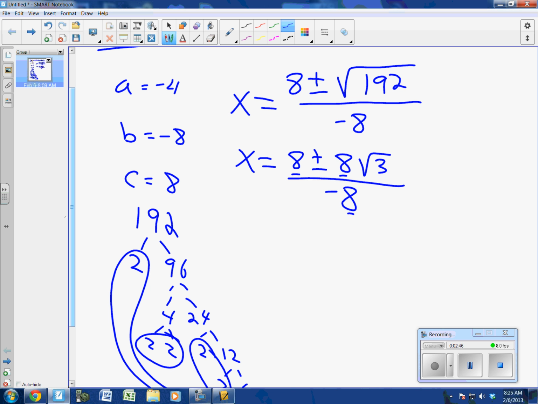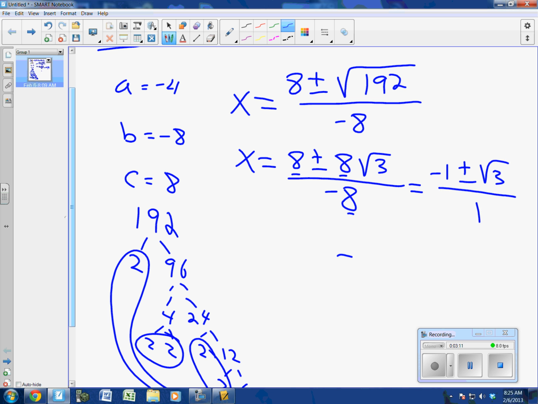Well, we know that 8 goes into all of them, right? In fact, let's divide negative 8 into all of them. So 8 divided by negative 8 is negative 1. And since this is plus or minus 8, now it's going to be minus and plus 8, which is the same thing, right? And divide 8 into that, that's 1. So we have 1 times the square root of 3, all divided by 1.